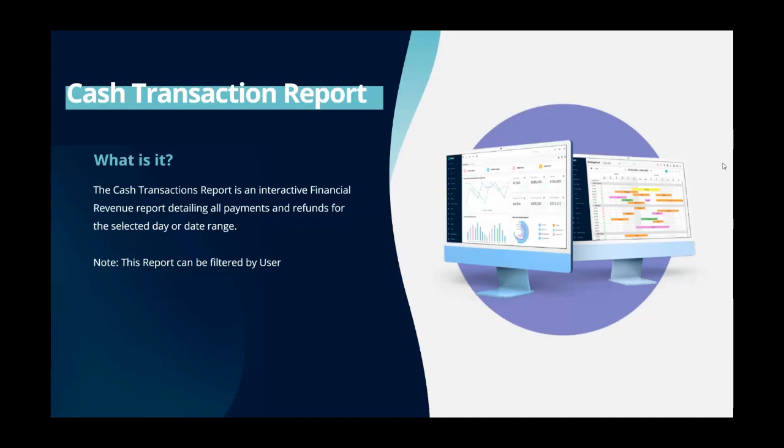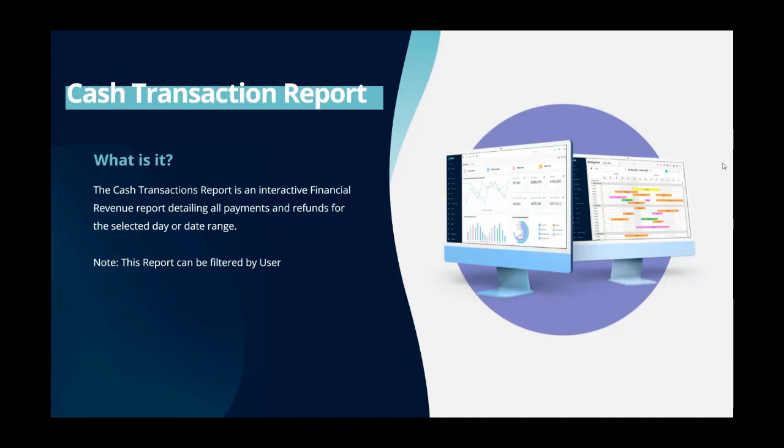You can also filter this report in a lot of really useful ways. For example, if you just want to look at a specific payment type, you can filter those out. And we can also look at just specific users. So I think I mentioned this in the beginning today.